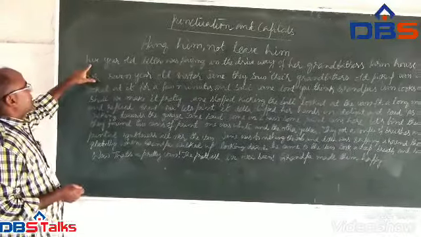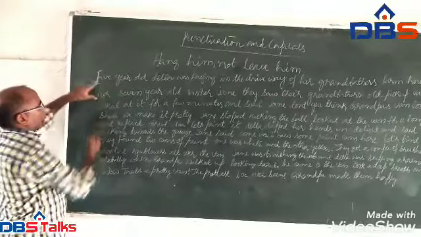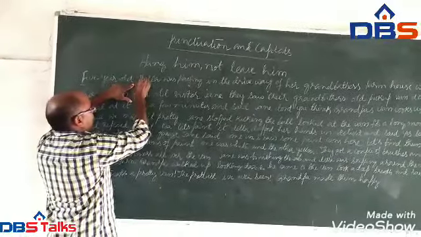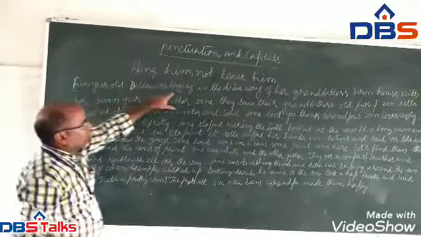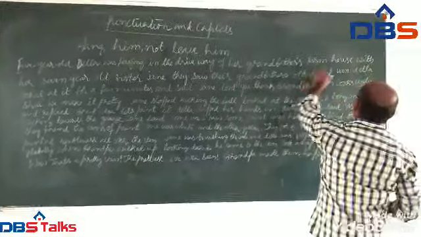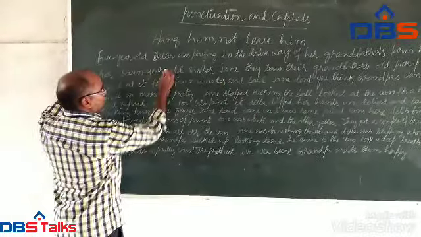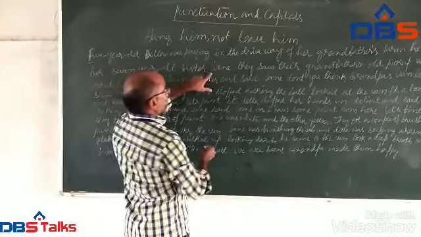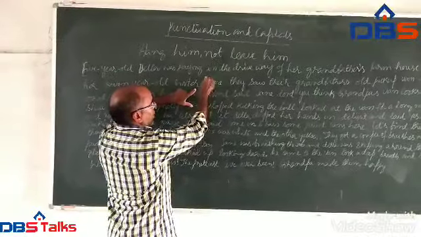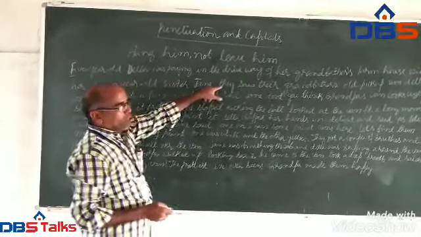For example, since this is the beginning of the sentence, capital F. 5-year-old, a hyphenated word. 5-year-old Della, this is the name of a girl, D capital, not small, Della, was playing in the driveway of her grandfather's, apostrophe, farmhouse with her 7-year-old sister, again a hyphenated word, Jane. See, Della and Jane, capital, not small. This is the name of a girl. Full stop. After the full stop, now we are going to begin the sentence.